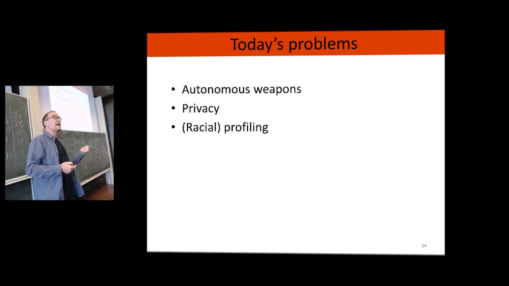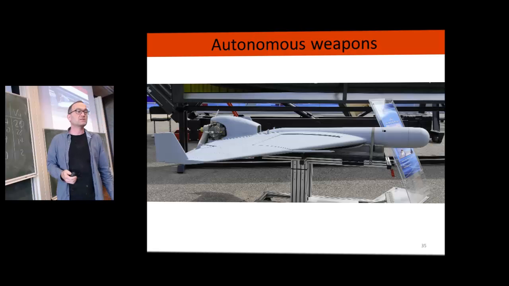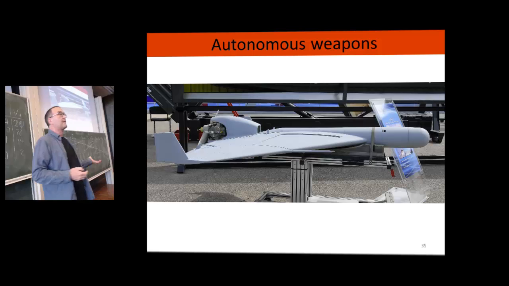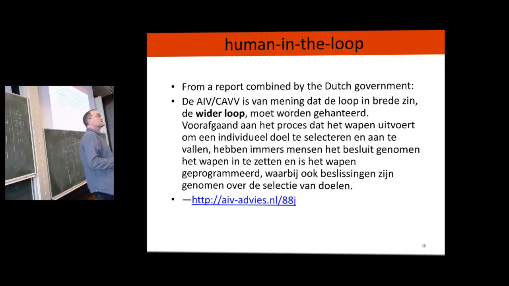And we have today's problems that are something we should all be involved in as responsible researchers. The autonomous weapons I just named. So we are now sending our autonomous systems to war. And there have been some legal discussions about that.